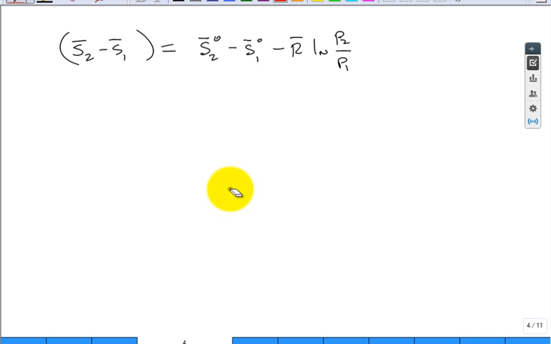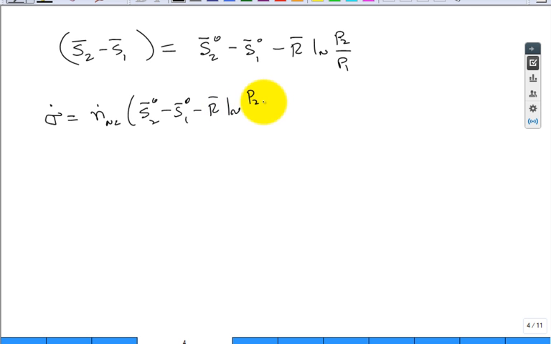Now, let's do this. So let's write it out that sigma dot is equal to the molar flow rate of the nitrogen times S bar naught 2 of the nitrogen minus S bar naught 1 of the nitrogen minus R bar, and let's think about these pressures. P2 of the nitrogen divided by P1 of the nitrogen, right?